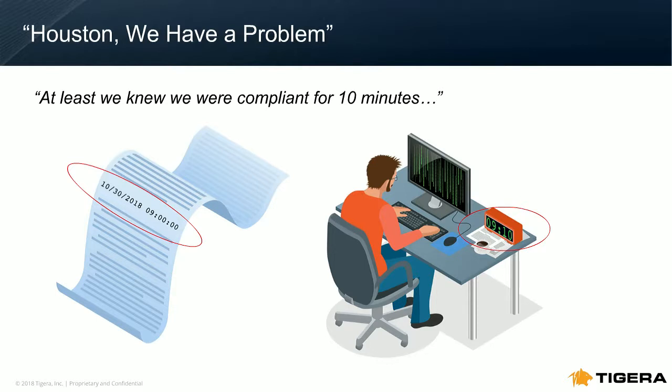That new version of the code might have an accident with regards to, say, PCI data handling, etc. So you were compliant, but, as I say here, Houston, we've got a problem with this model. I know I was compliant for at least 10 minutes between the time I completed my audit and the time the next code version got pushed. After that, maybe I still am, maybe I'm not.